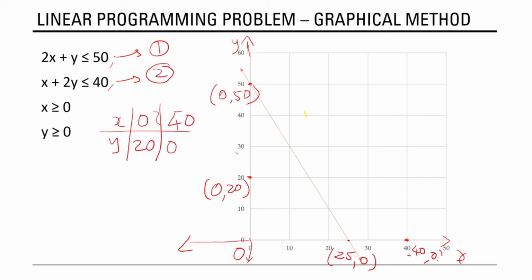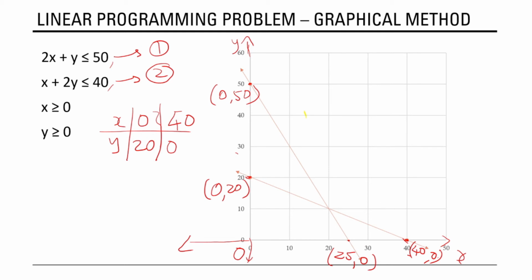If we join these 2 points with the help of a straight line, we get the line corresponding to the equation x plus 2y is equal to 40. So this is the line.